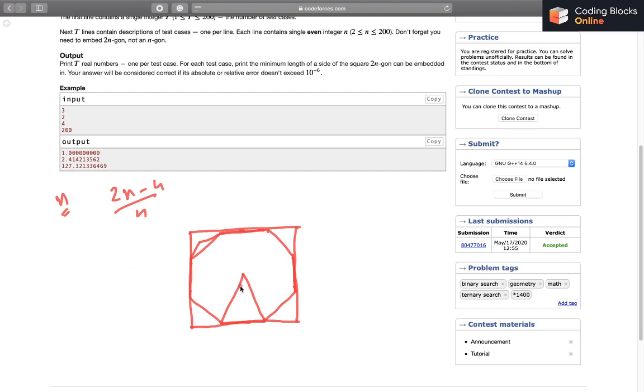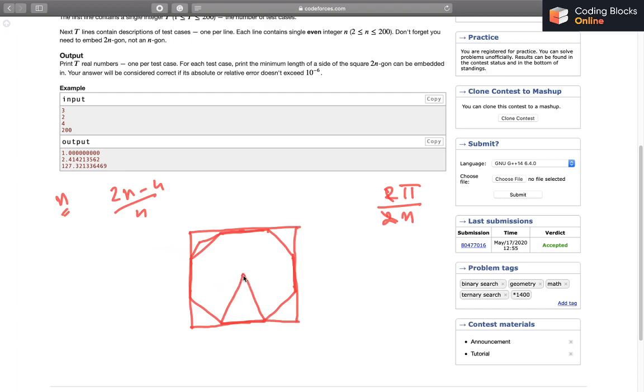Now what I'm interested in is this angle theta. I'm not drawing it right now because I'm actually interested in theta by 2. We know that this whole angle will be 360 degrees, which means 2 pi, and we are dividing it into 2n because if we draw these congruent 2n triangles, the angle will be divided by 2n, so this full angle is going to be pi by n.